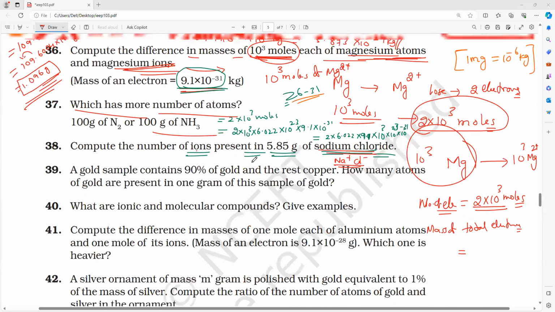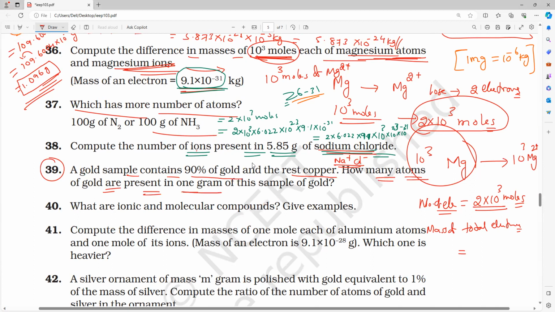Next question is related to our life. This is our gold shop question. If you go to a gold shop, you can make it. A gold sample contains 90% of gold and the rest is copper. Means what is the amount of copper percentage? 10%. How many atoms of gold are present in 1 gram of this sample of gold?